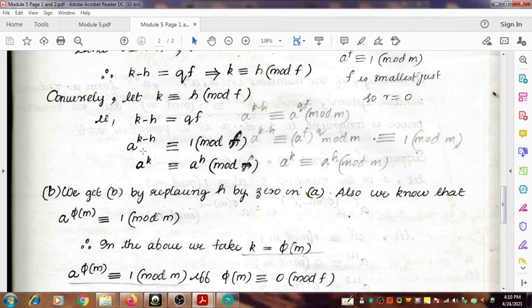Now you can multiply both sides by A raised to H. Also you can write that A raised to H is congruent to A raised to H mod M, the same quantity.